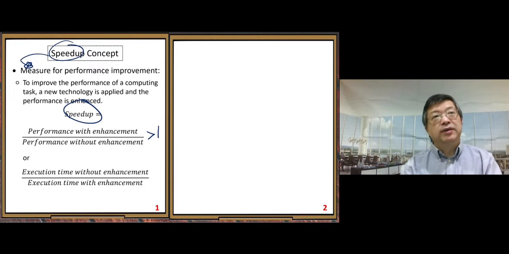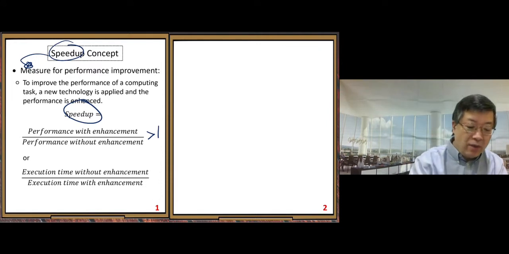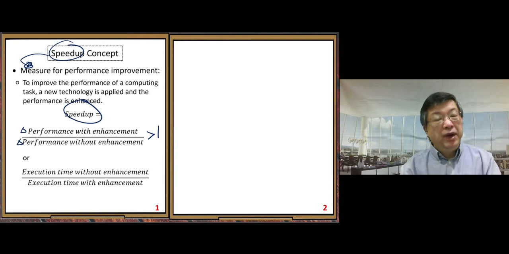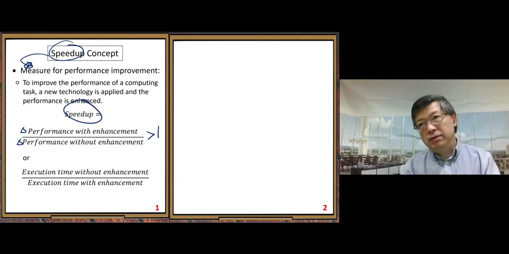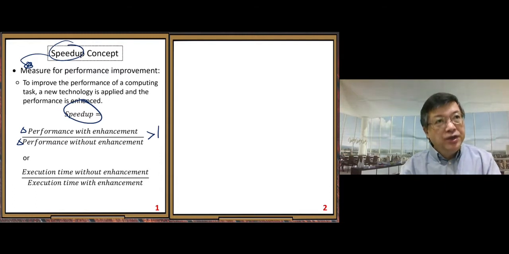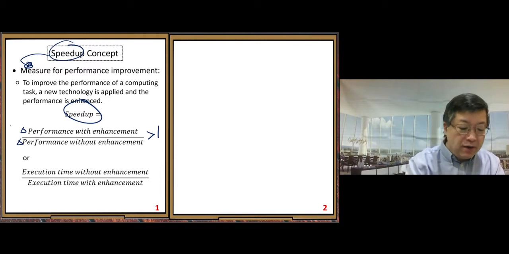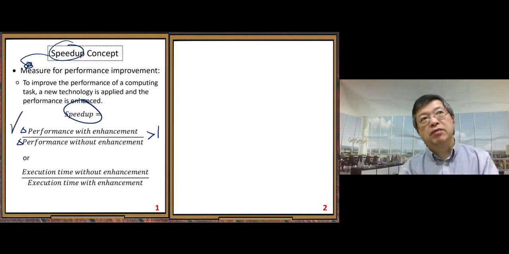Because remember the last time in our discussion, the performance measure we defined using the reciprocal of the execution time, we feel it's problematic. That means it is very easy to misuse that definition. So many times we try to avoid it. Although here it makes sense. Here, the way we are using it is correct.